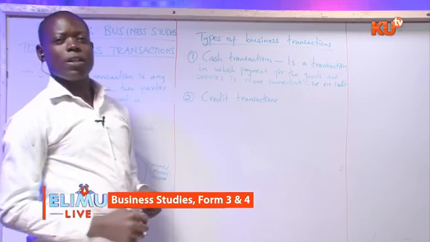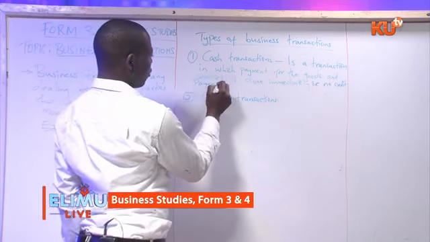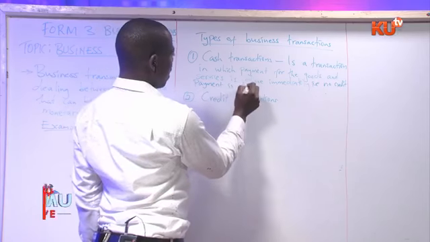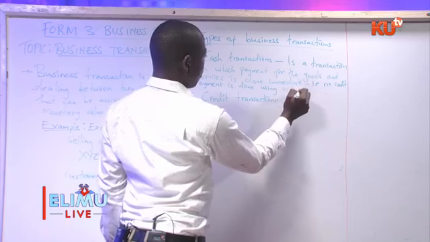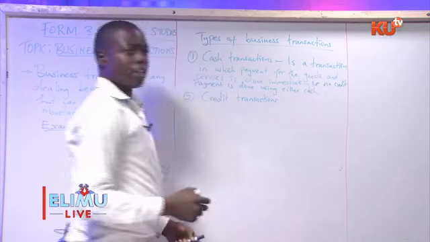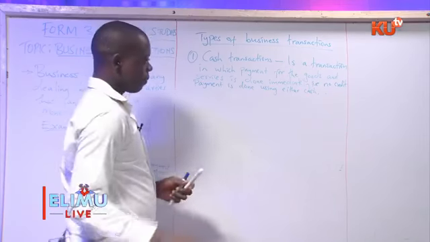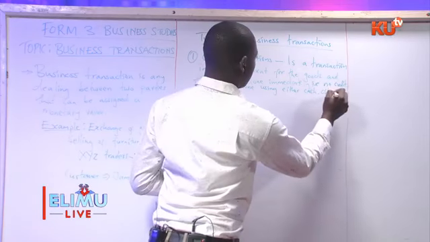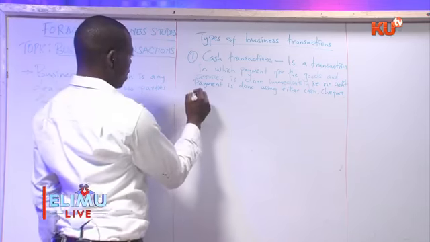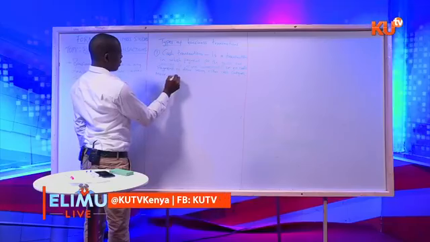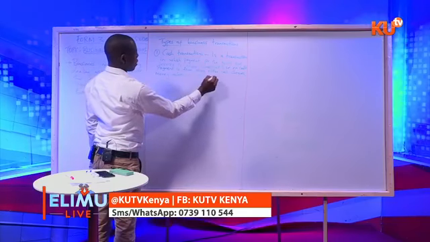And how do we pay for these goods? Payment here, in a cash transaction, is done using either cash, or we can use checks. What else? Yes, money orders, or postal orders.